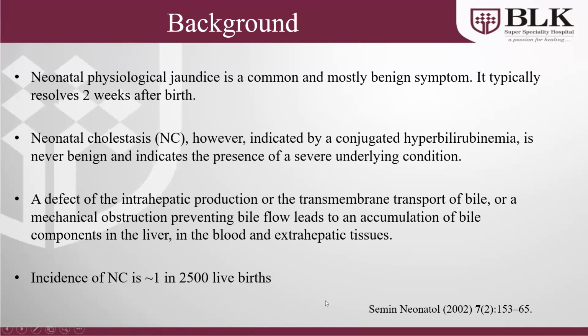Physiological jaundice is a common and mostly benign symptom, and it is unconjugated jaundice. It is very common in neonates, accounting for around 25 to 40% of cases, and it is always unconjugated. It generally resolves in term neonates in around 2 to 3 weeks, while in preterms it can persist longer.